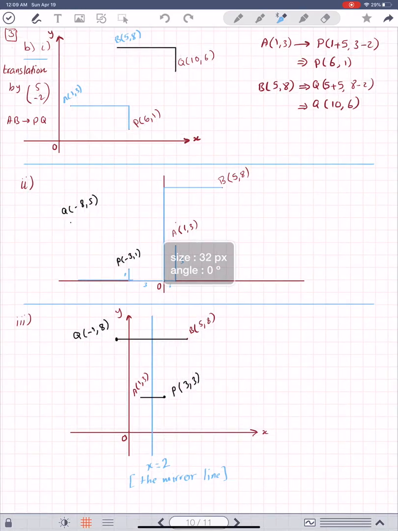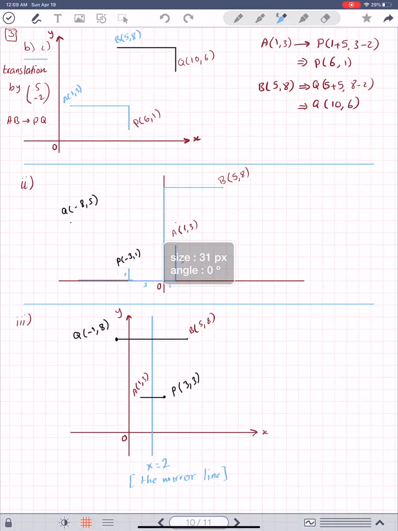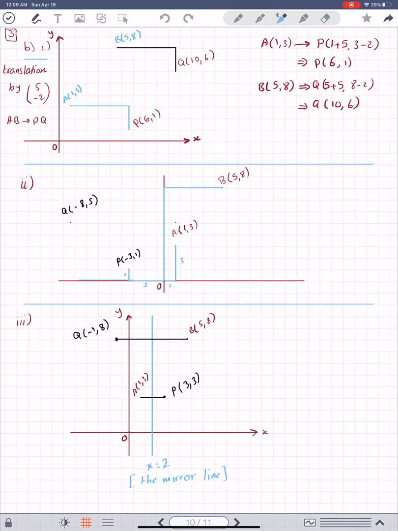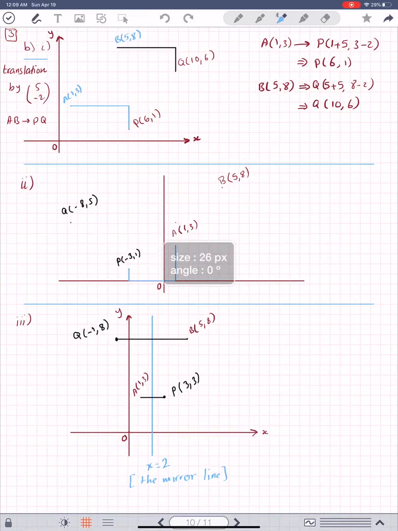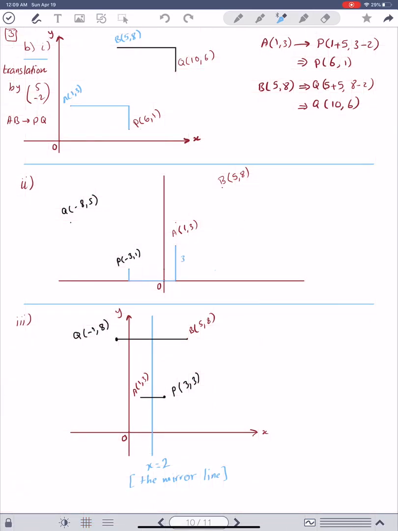I will just centralize this well, only the axes as they were. So this was 3, this was 1.